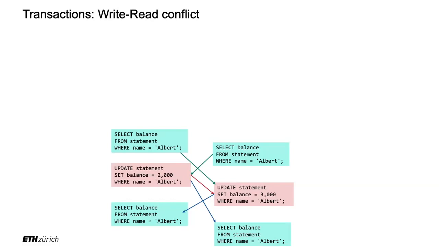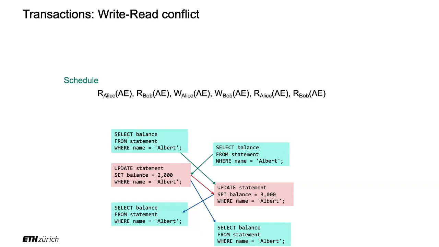So the pink ones are the writes and the green ones are the reads. And when we have an arrow from a green to a pink one, that's called a read-write conflict. Then we have an arrow from pink to pink, that's called write-write conflict. And pink to green, that's called write-read conflict, okay? So we have all of these conflicts.